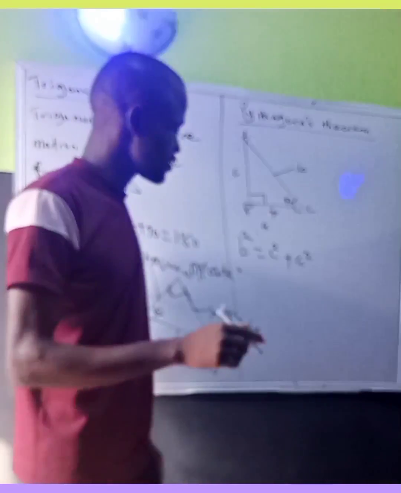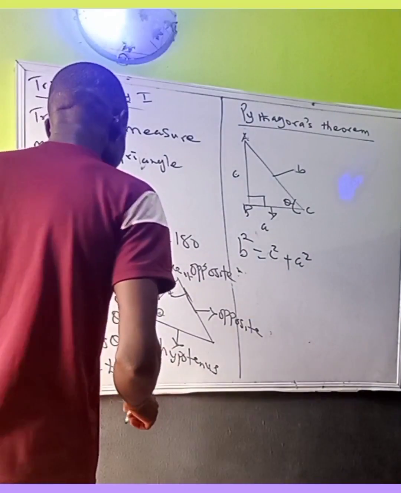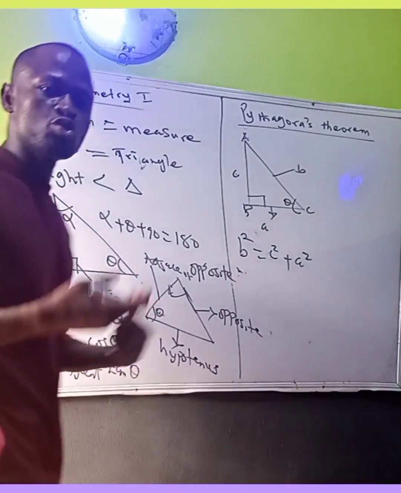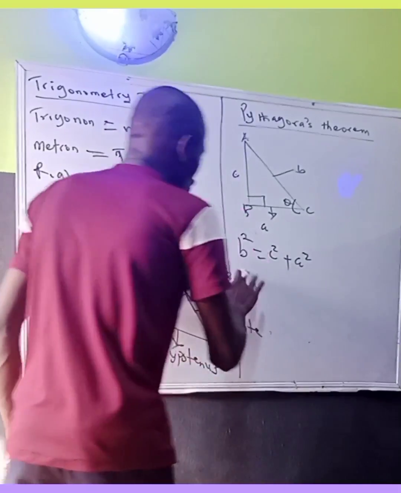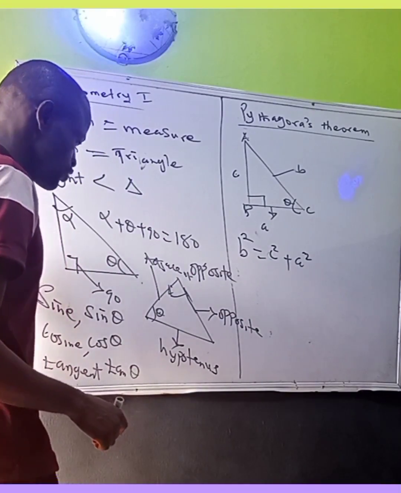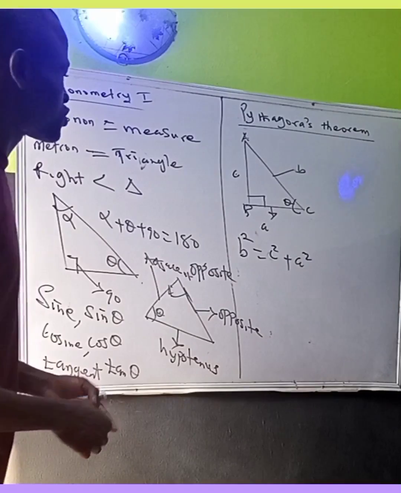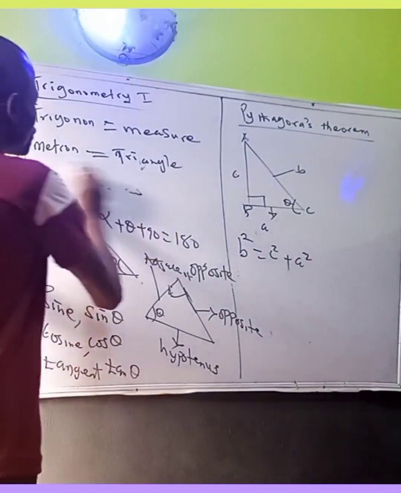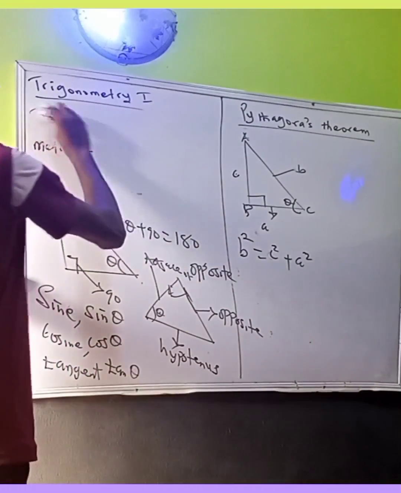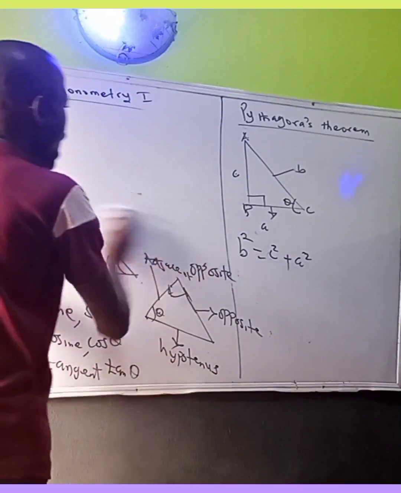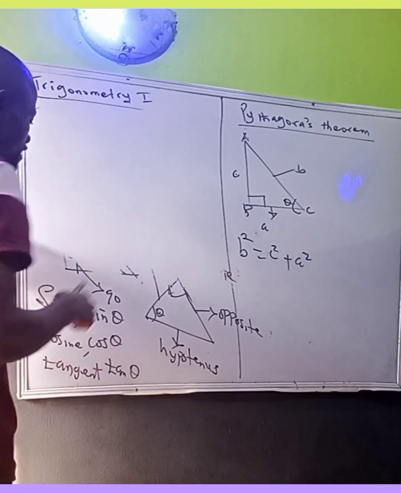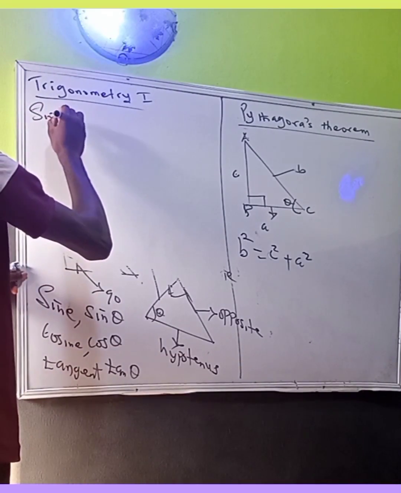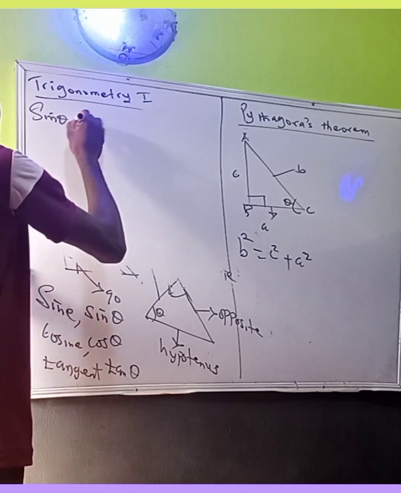That is Pythagoras theorem. The next thing we need to know in our introduction to trigonometry is the definitions of the three trigonometrical ratios, which I have mentioned for you. The first one I call sine theta. What is sine theta?